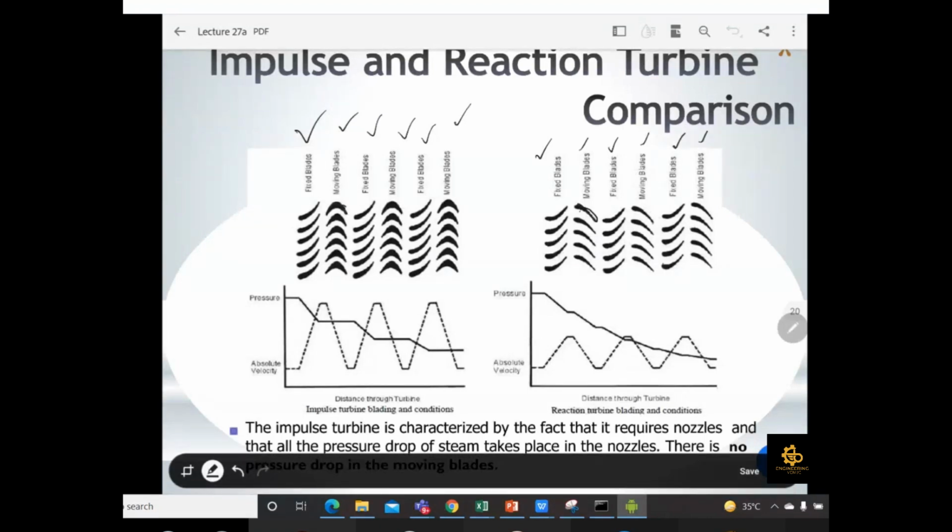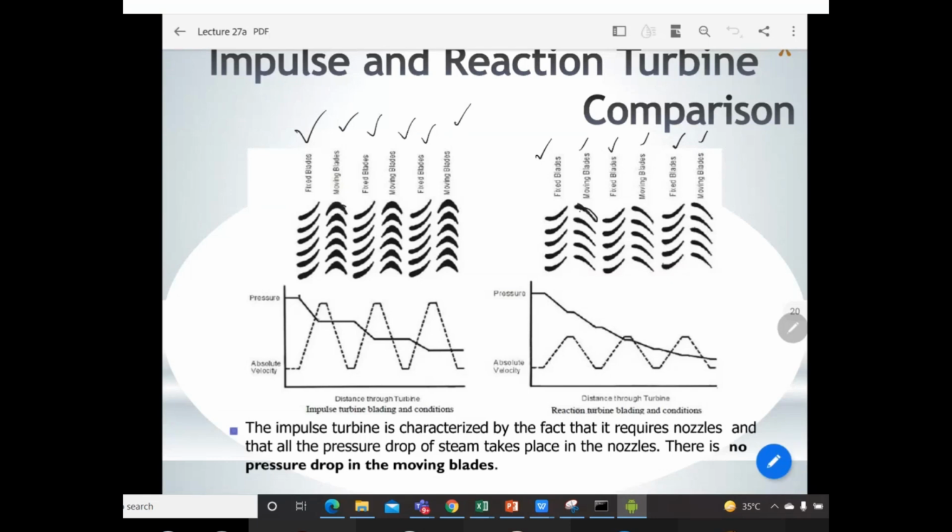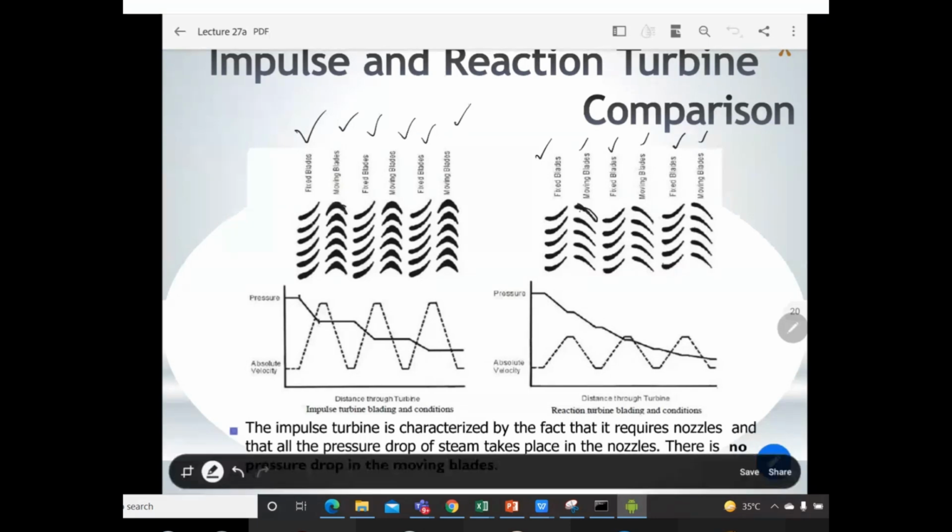So we can take a look at the velocity and pressure diagram for both cases, and take a side by side comparison. In this case, we already know that the pressure decreases at the end of the nozzle. So these fixed blades act as a nozzle.